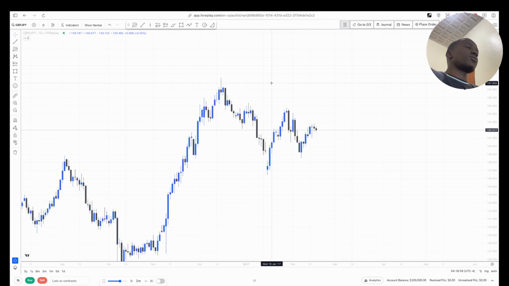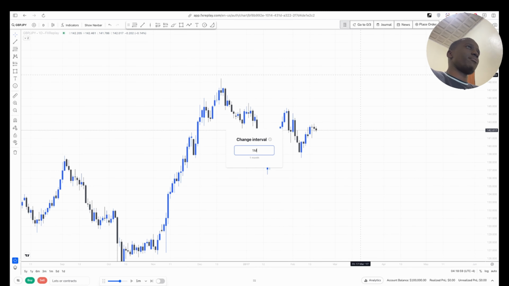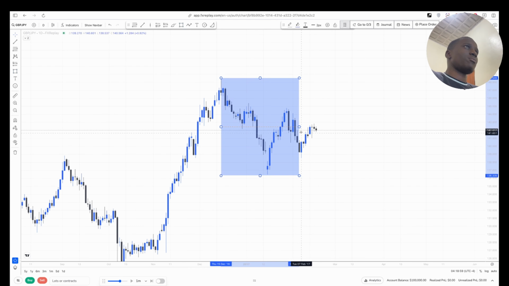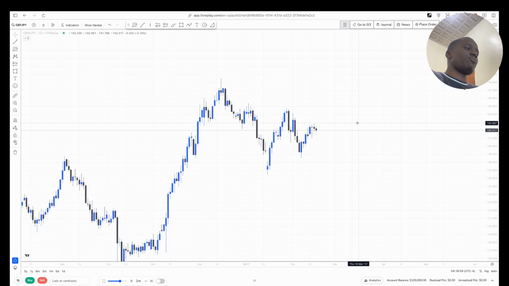So first of all, let's go to the monthly time frame. The reason I did that is because you can see after this move we have started making some moves without high intensity, which means we are in this range from this high to this low. I just want to see the monthly view of this.